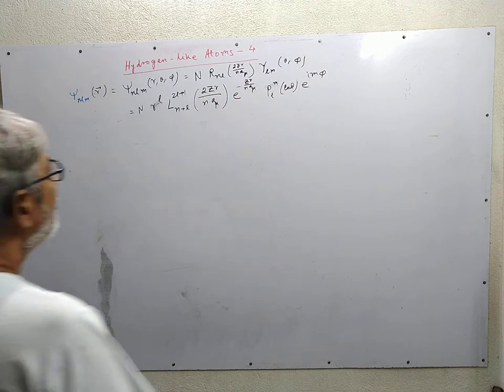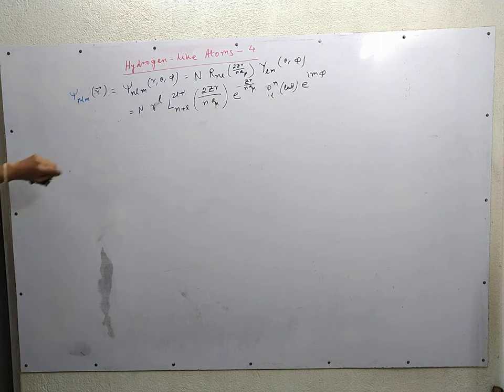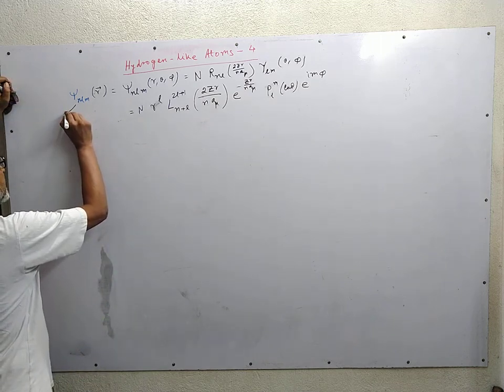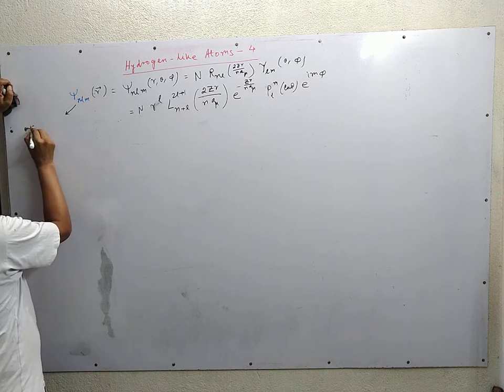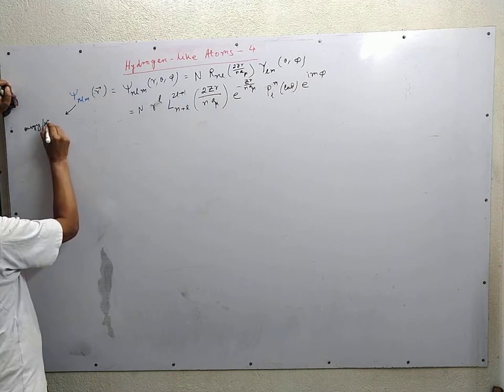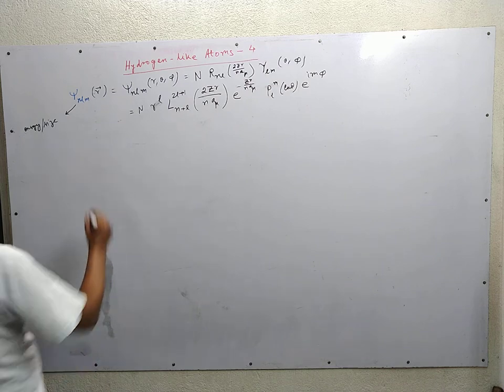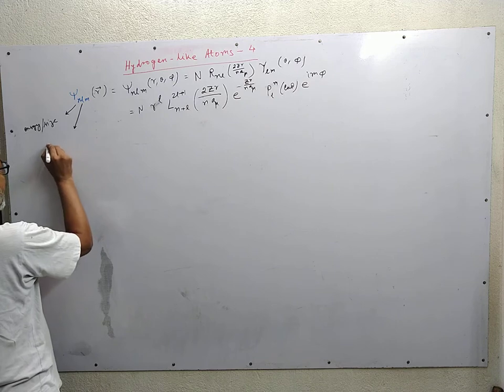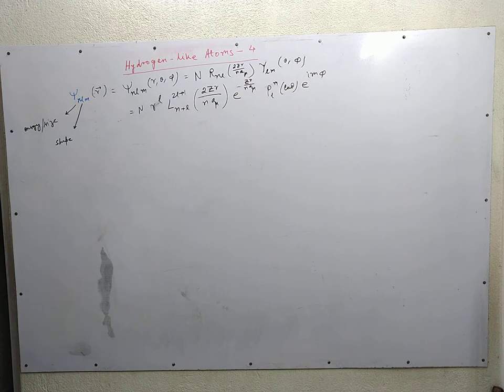Now we see that the relative motion is governed by three quantum numbers. The n quantum number is related to the energy and the size of the orbit. The larger the value of n, the larger the orbit. Then the l quantum number is the orbital angular quantum number, which specifies the quantization of orbital angular momentum, and it determines the shape of the orbit.